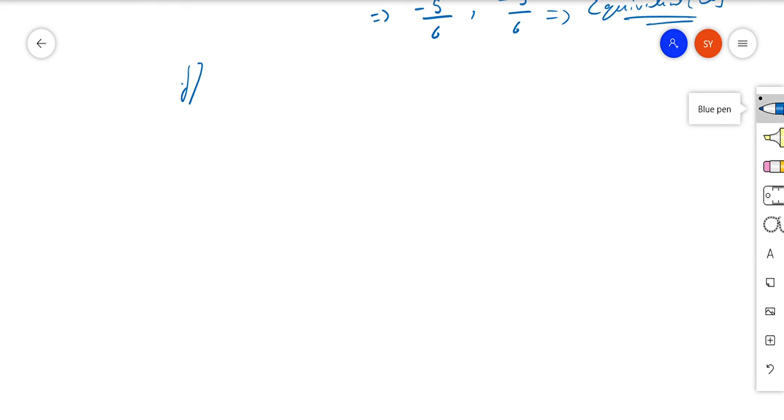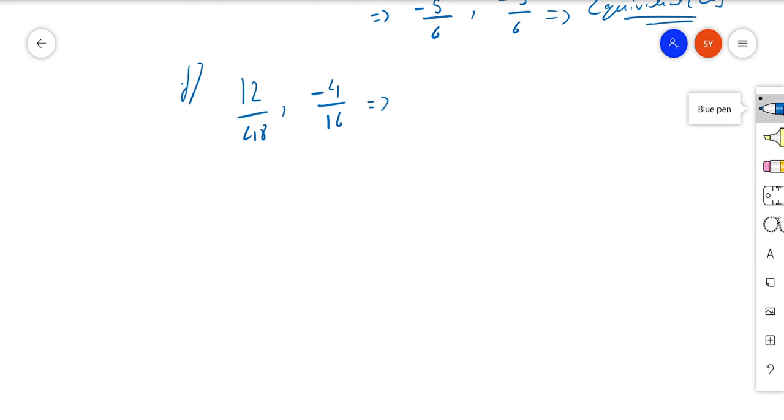F: 12 by 48 and the other is minus 4 by 16. Now if you see here, there is no negative sign, here there is a negative sign. So this is not in a standard form, but we'll still try to simplify and see.